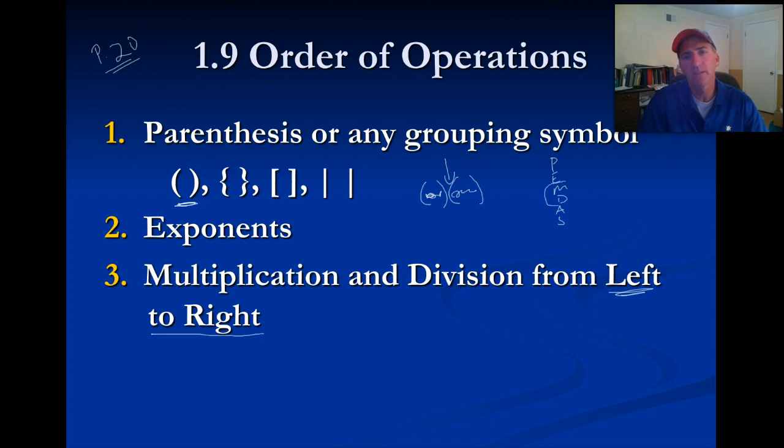You don't always do multiplication before you do division. If you have division to the left of multiplication, you go left to right. There's reasons for that. Multiplication and division are called inverse operations. They're opposites. So you go left to right if those are the only remaining math operations in a problem.